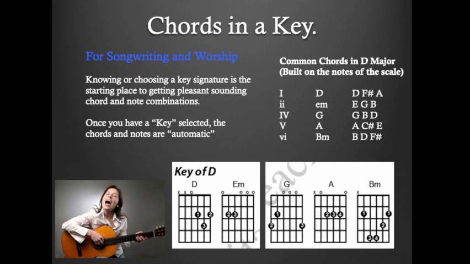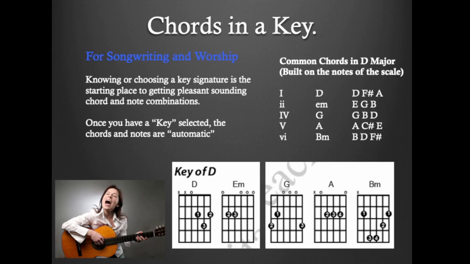So there are chords in every key. And we've looked at the D major scale and we worked out that it had F sharp and C sharp in it. So knowing or choosing a key signature is the starting place for getting pleasant sounding chords and note combinations. Once you've decided on the key, then the chords are actually automatic.